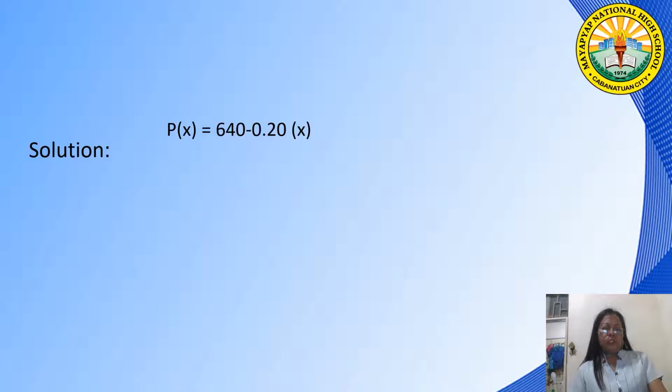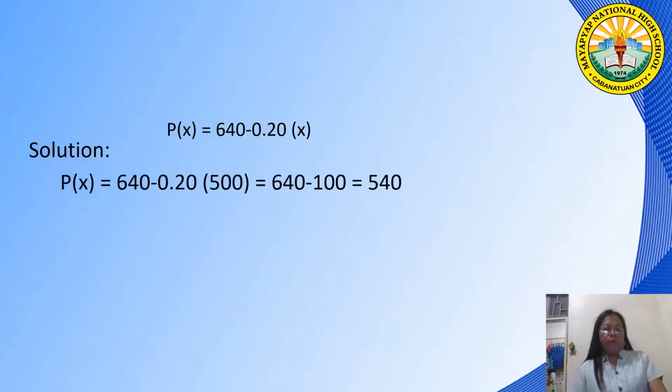From the given equation in the problem, to find the price per t-shirt, we have p of x equals 640 minus 0.20x. If the target number of t-shirts sold is 500, just replace x with 500 in the given equation. The price per t-shirt is 540.